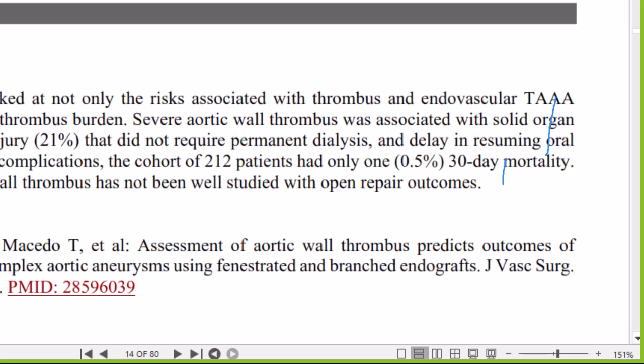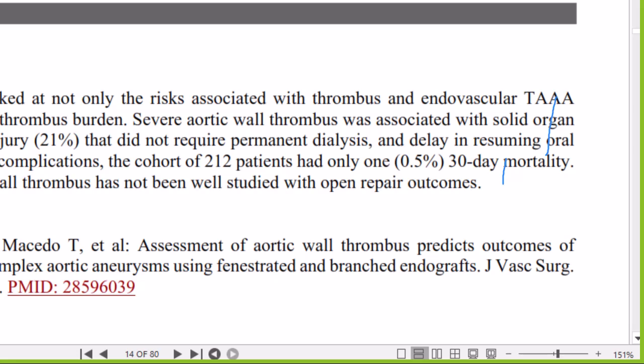Let us see the answers. The recent single center study showed the risk with thrombus in endovascular thoracoabdominal aneurysm repair. He examined the thrombus burden, and severe aortic thrombus was associated with solid organ infarction. So you reply not by logic, but just by reading one paper. And no one has a big series like Oderich. Oderich works in the United States.